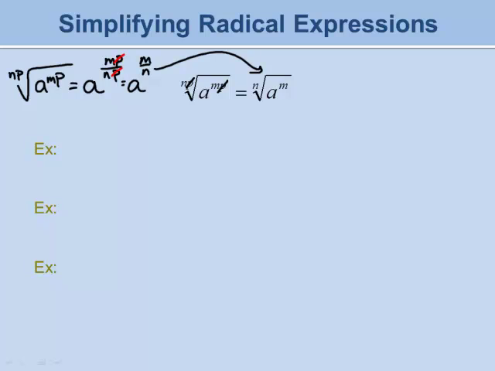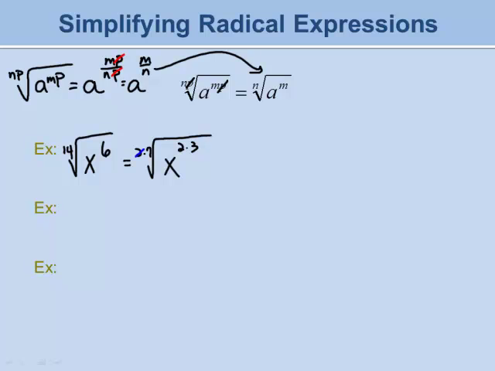Let's say that you were asked to find the 14th root of x to the 6th. Okay, if you look at the 6 and the 14, if that was a fraction and you were asked to reduce that fraction, there is a common factor that you could factor out, because 14 can be rewritten as 2 times 7, and 6 can be rewritten as 2 times 3.